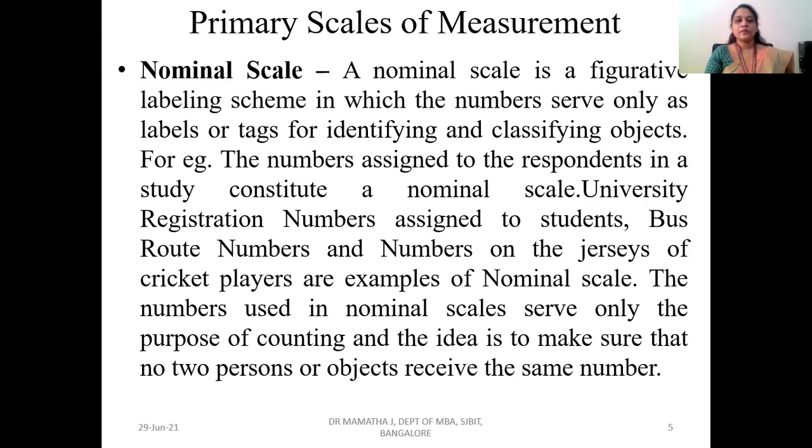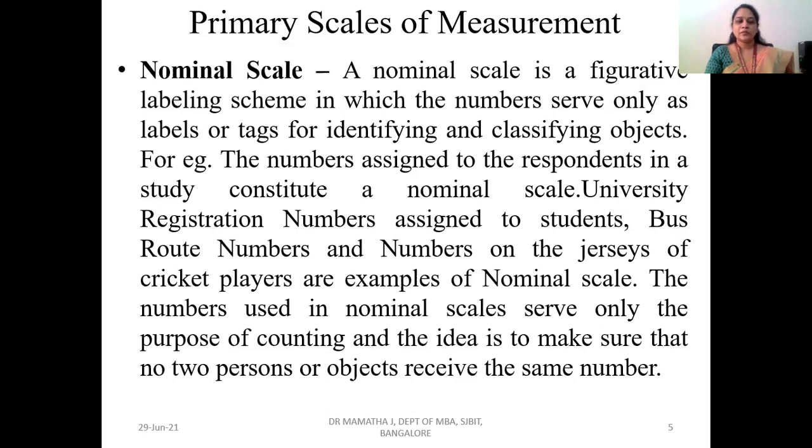For example, the university registration numbers, the USN numbers that students get. It is only to label or classify the students for better identification. It doesn't mean USN 1 stands first and USN 60 stands last. No. It is only to classify and identify, so we are labeling these students by giving a USN number.